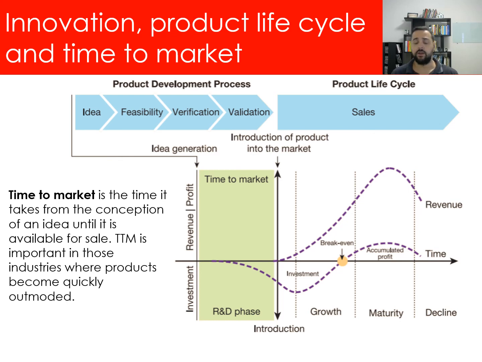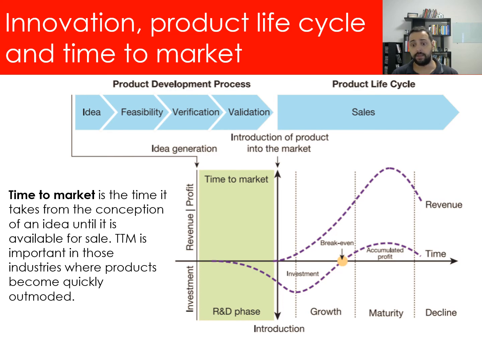And because of that, when you start the product life cycle, you're basically having some financial losses. And usually during the growth stage of the product life cycle, you're going to achieve the break-even point. Then your sales will be enough to guarantee some profit for your business.